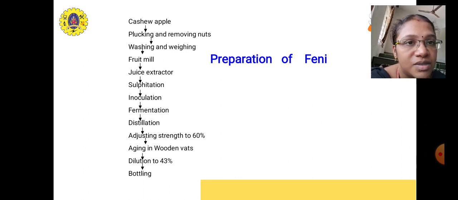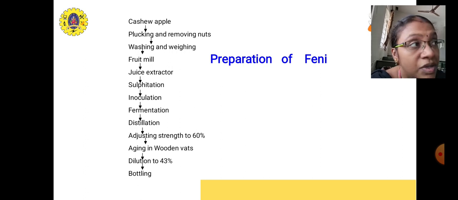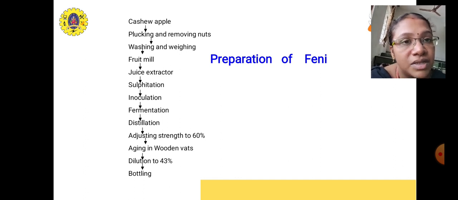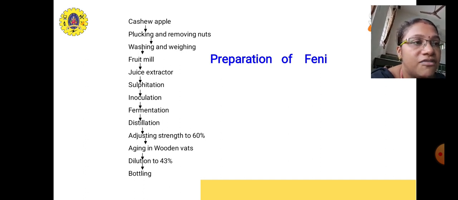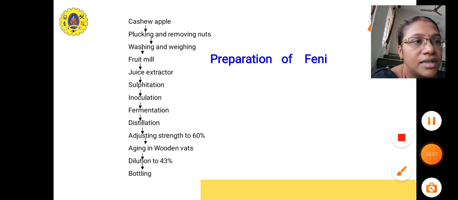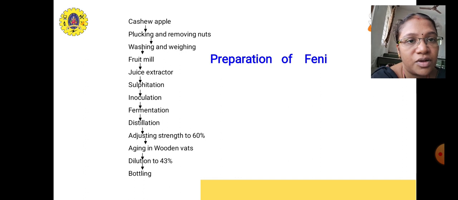Then inoculation is done, then fermentation, in order to multiply the good bacteria, because feni is a fermented type of drink. Sometimes external fermenters are also added. Then distillation is done, mainly to get the particular extract of the feni.